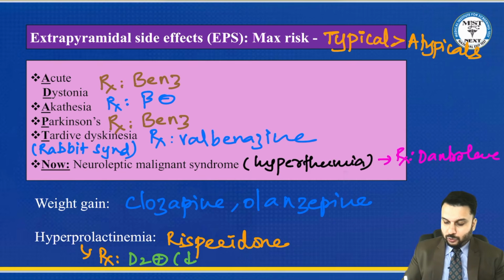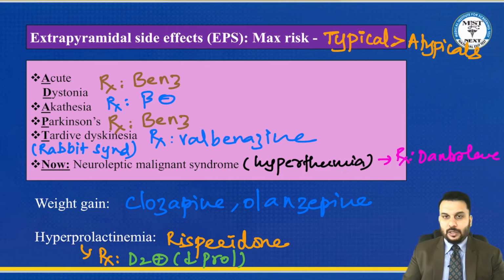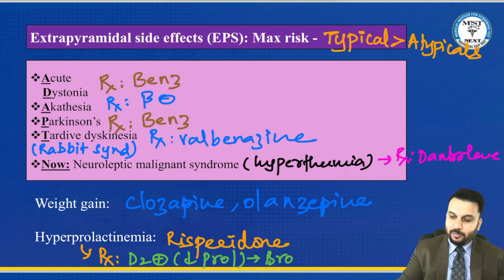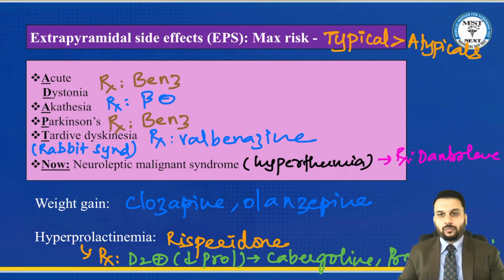Okay, dopamine stimulation will reduce prolactin. That's the relation. Dopamine and prolactin are opposite. And these drugs are called bromocriptine and cabergoline. Cabergoline and bromocriptine. Okay, these are the two drugs.